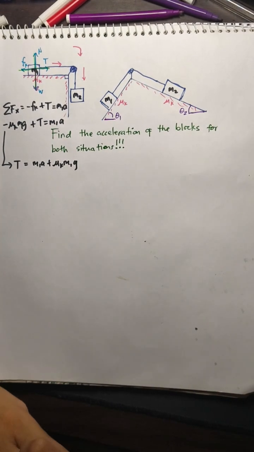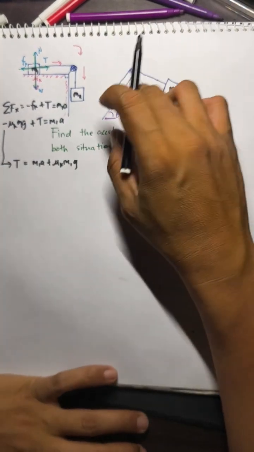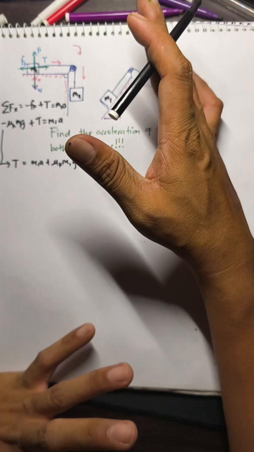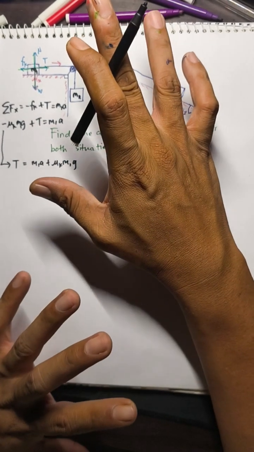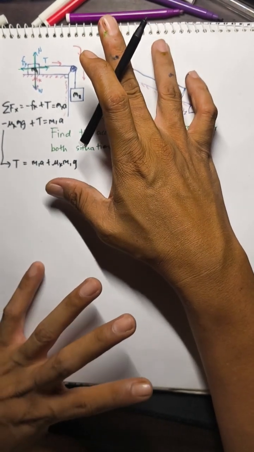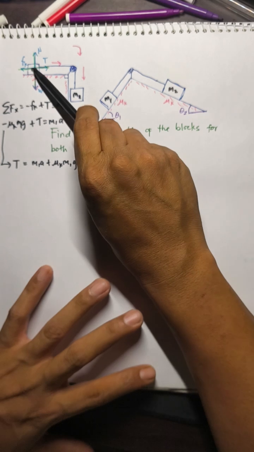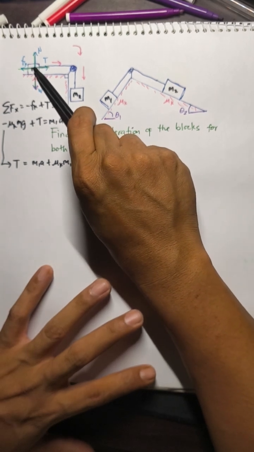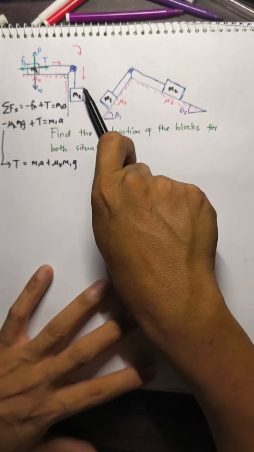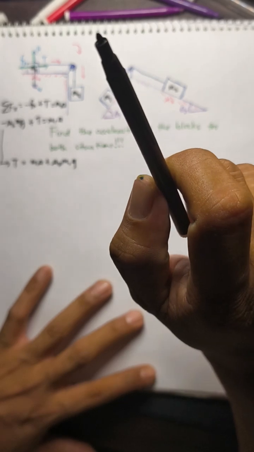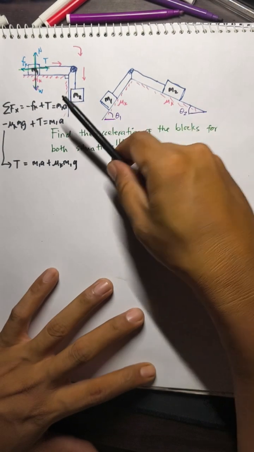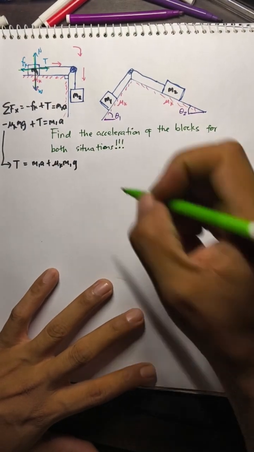Now, actually, we have two unknowns here. We have a and T. We don't know T, we don't know a, but don't worry, we can generate two equations for this system. The first equation is from this mass here, m1, and the second equation we can generate from here. So now let's get to the second equation in order to solve the system.